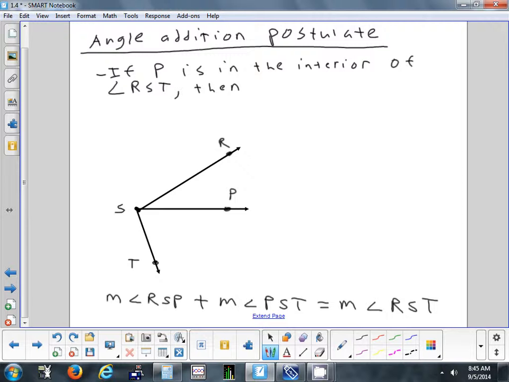And that's because ray SP is shared between the two sides. So now you know what the vertex is, and you know they each have an S and a P, so they're going to share that side. And then from there, you just kind of have to, maybe trial and error, draw your picture the best you can. Okay. Any questions on that?